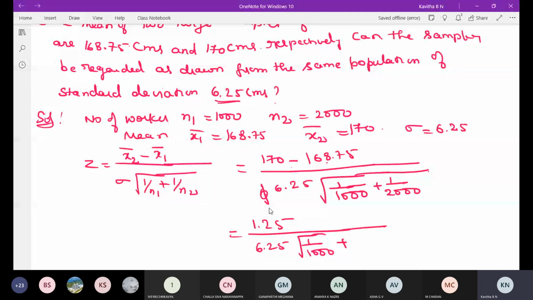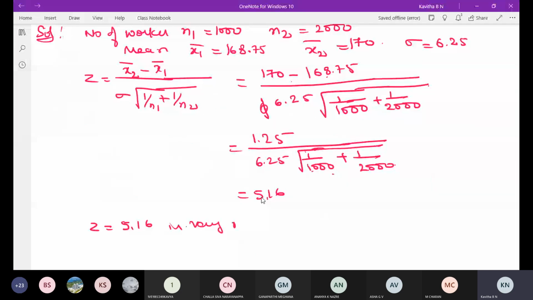We'll get 5.16. Here Z is equal to 5.16, which is very much greater than Z 0.05 is equal to 1.96 and also Z 0.01 is 2.58.